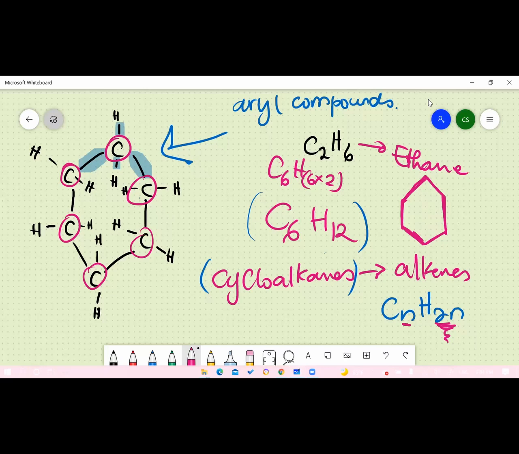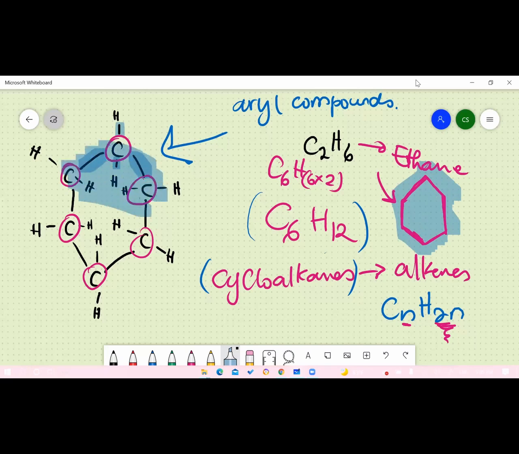Hold up. This hexagon, is that the displayed or the condensed structure? The one below ethane is the condensed formula. And this over here is the displayed formula.